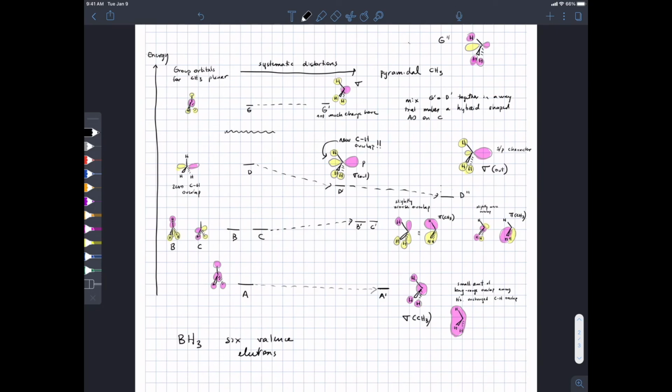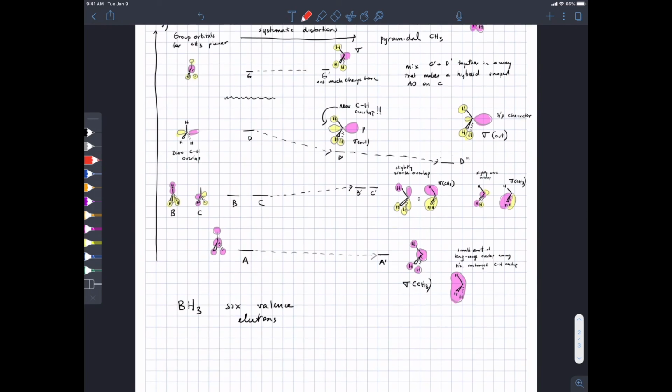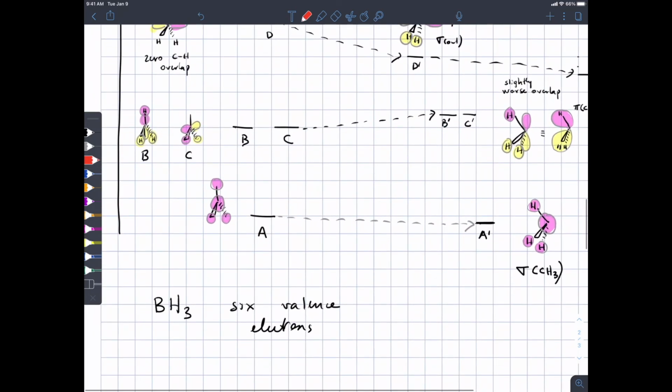Which arrangement is more stable for BH3, the planar arrangement or the pyramidal arrangement? To do this, you fill the orbitals up with the available electrons. We've got 6 valence electrons.